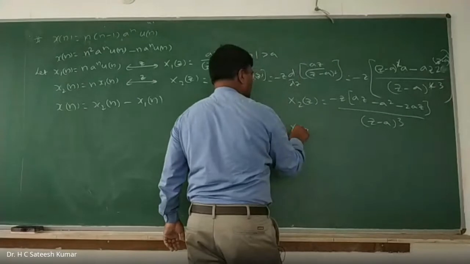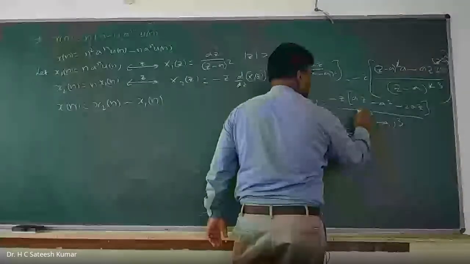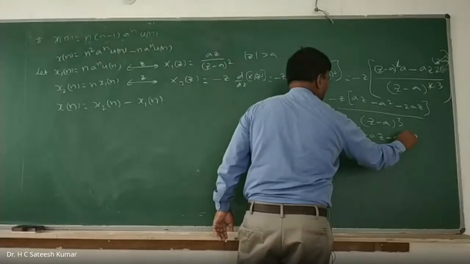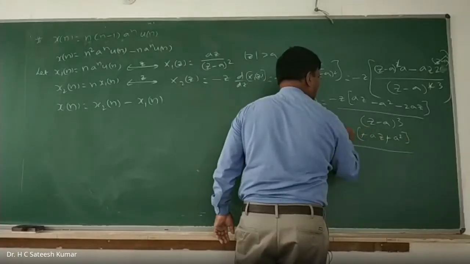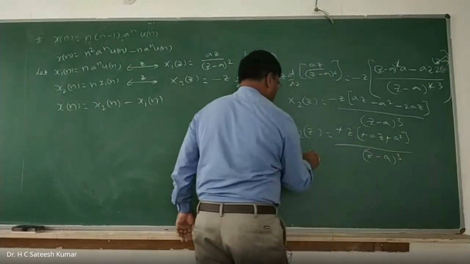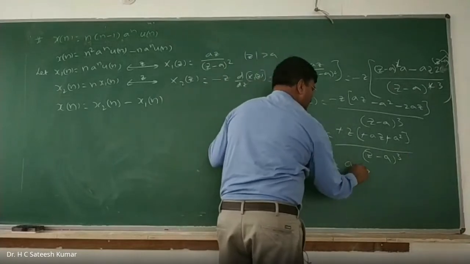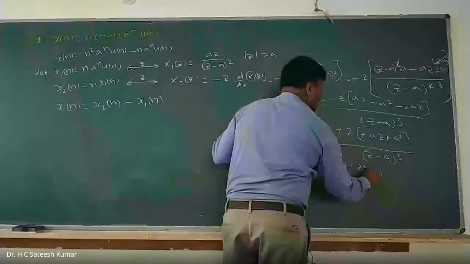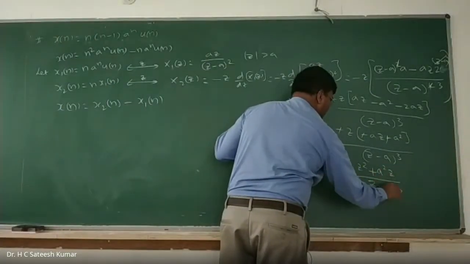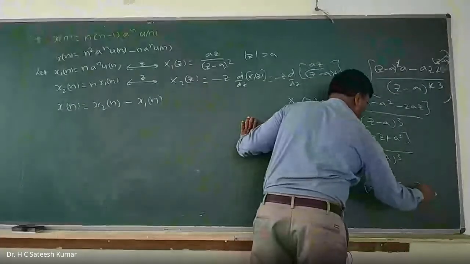So x2 of z is equal to minus z into az minus 2az, which is minus az minus a square, and the multiplied minus sign gets cancelled, over z minus a whole cube. Therefore, x2 of z is equal to az square plus a square z divided by z minus a whole cube, with ROC mod z greater than a.